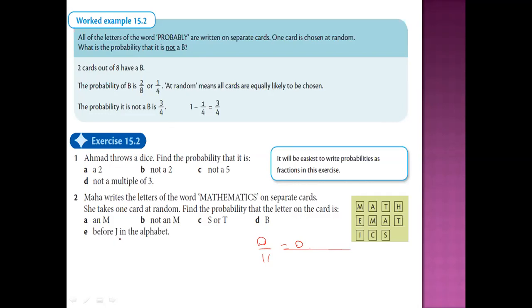And before J in the alphabet, what letters are before J?